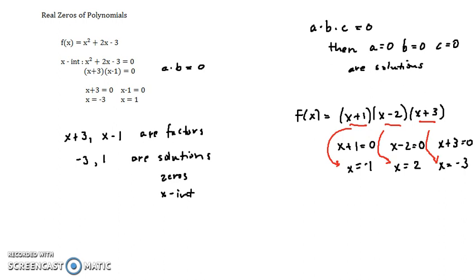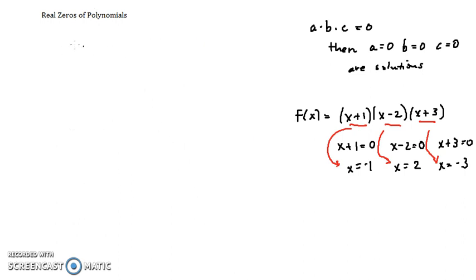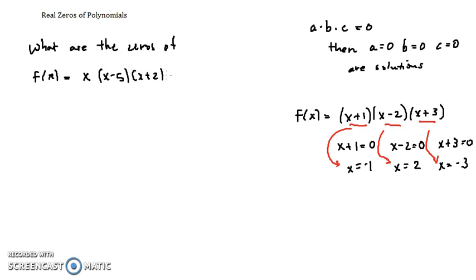Okay, so let me make a little bit of space here. All right, let's say we want to know what are the zeros of the polynomial f of x is equal to x, x minus 5, x plus 2, and x plus 1.